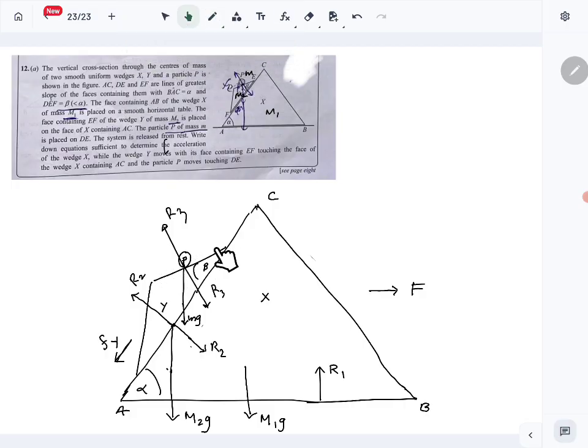That is going along the surface DE, so that acceleration is Fp.